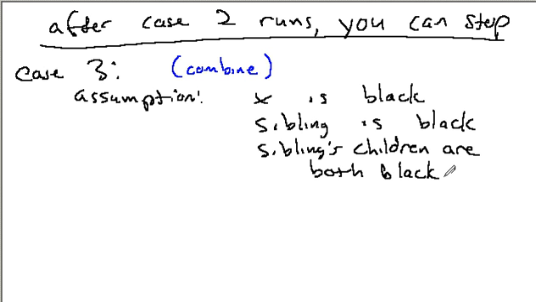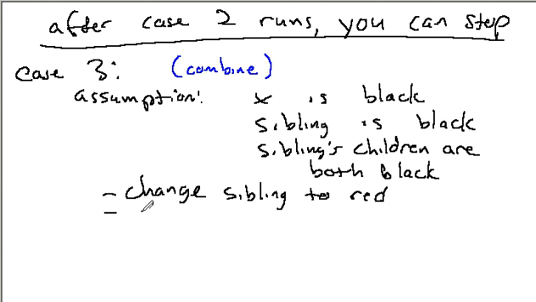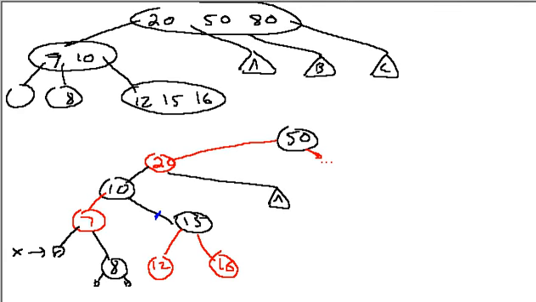So now you have to do a combine. And all you're going to do here to handle the combined case is we'll simply say change sibling to red, and then X points to parent of X. So this is actually the easiest case to handle, even though it's trying to model the most complex operation.